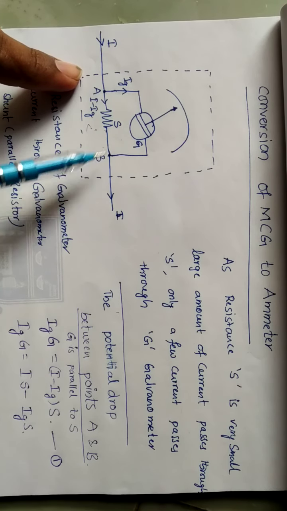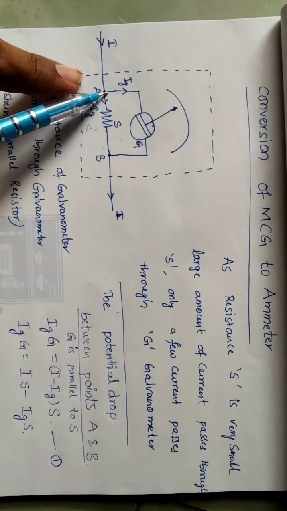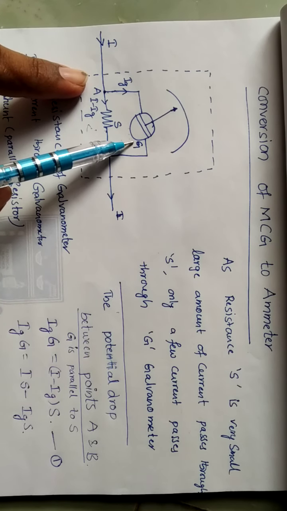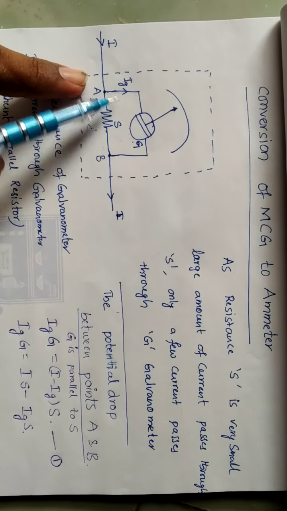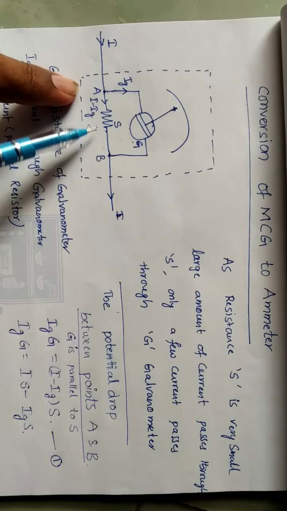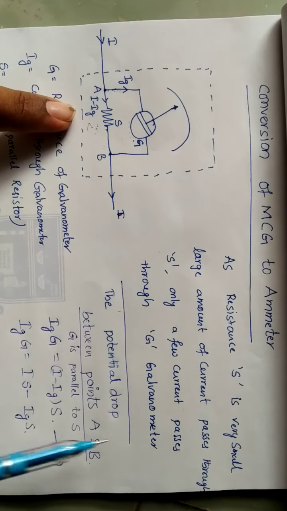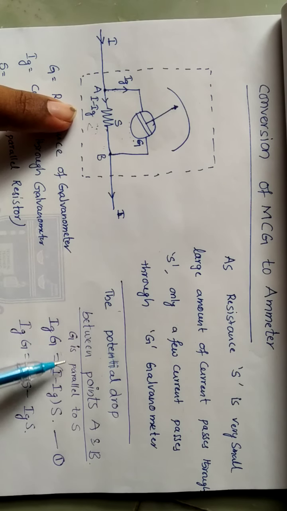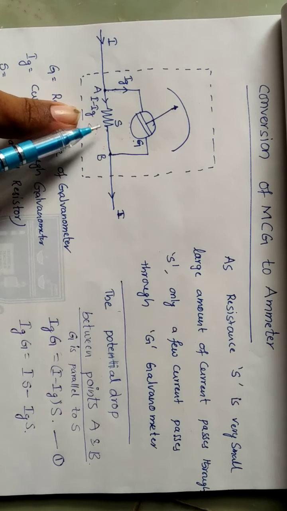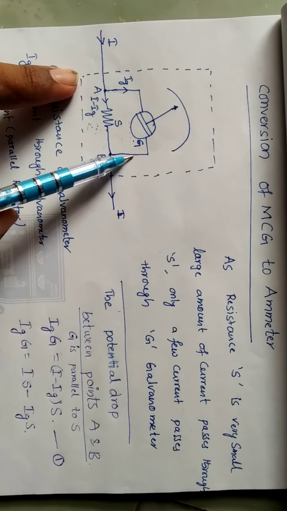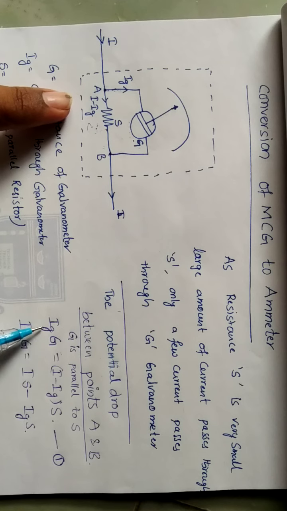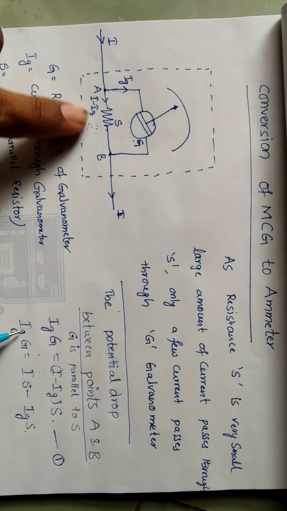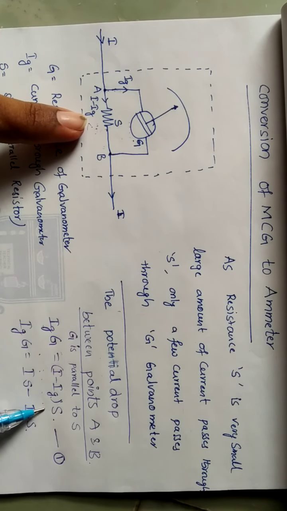The potential drop along the galvanometer path is G into Ig, where G is the resistance of the galvanometer and Ig is the current, and this must be equal to the potential drop along the other path. So Ig into G is equal to (I minus Ig) into S, because the current through the shunt is I minus Ig.